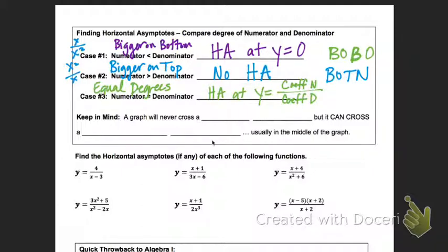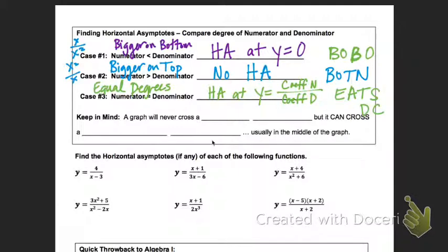So that's how we got the 2/3. Okay. EATS is exponents are the same, divide coefficients.